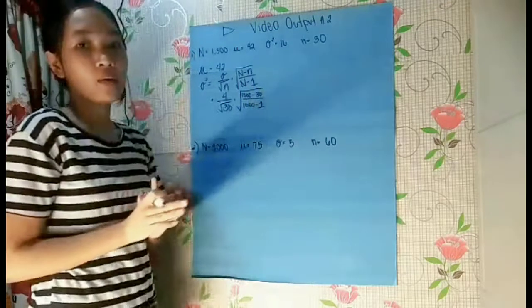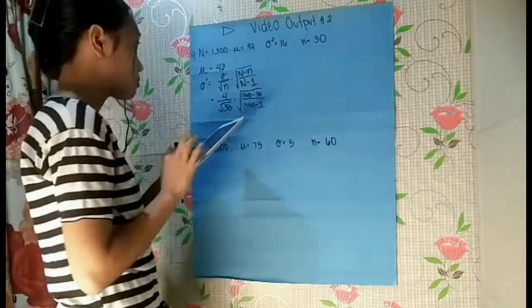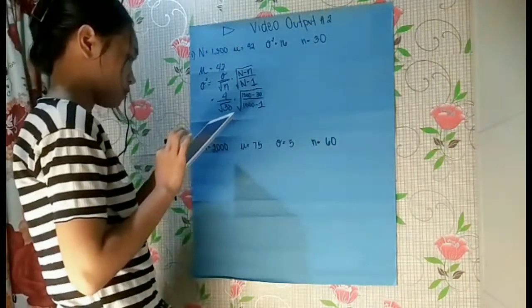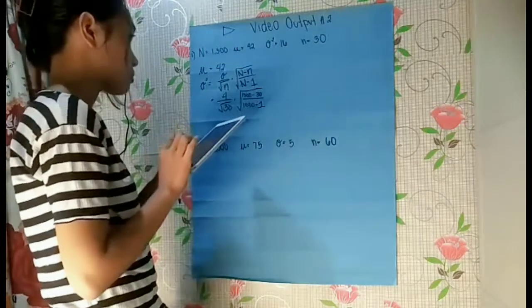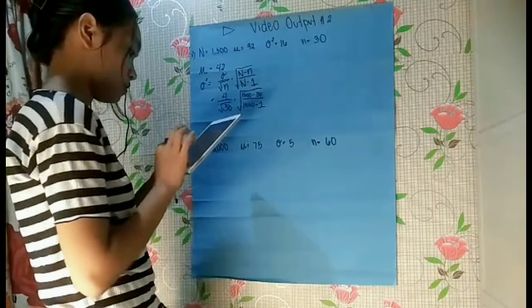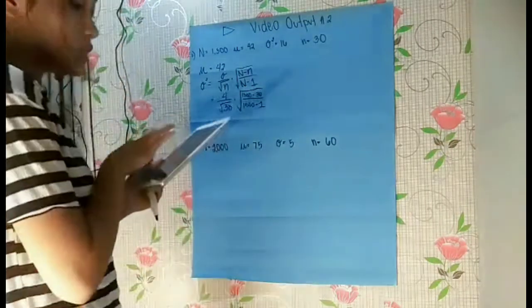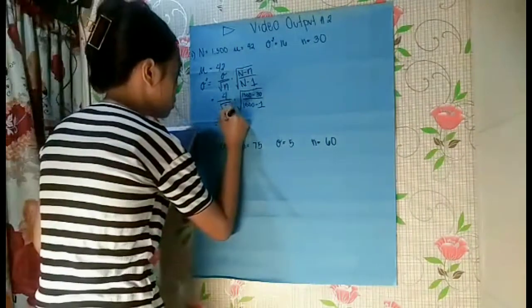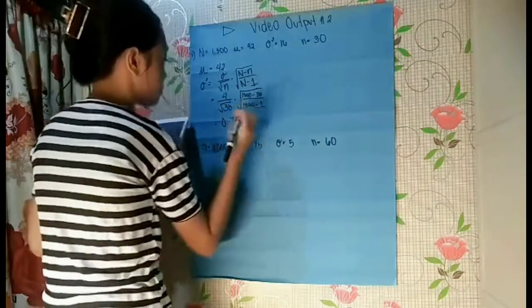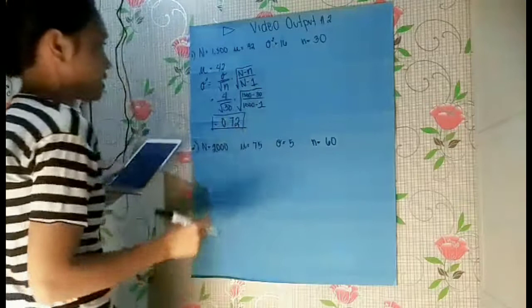So let us get our calculator and solve for the variance. According to my calculator, the answer here is 0.72. That will be our variance.